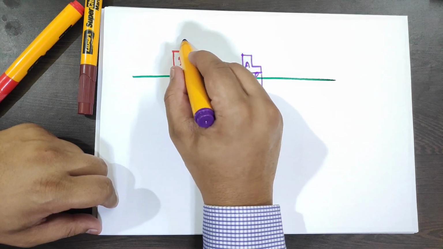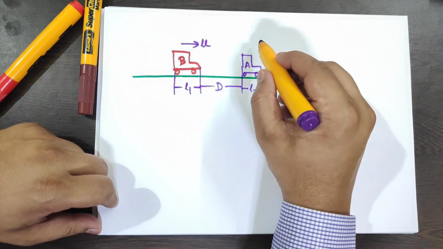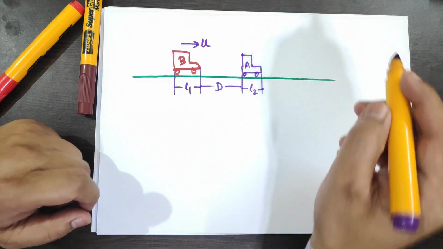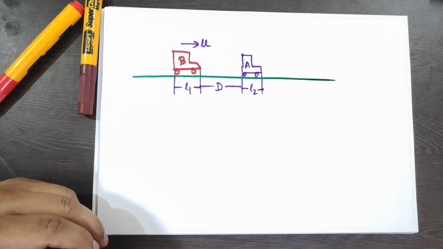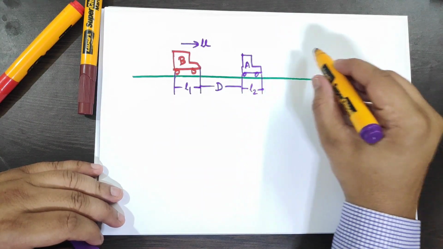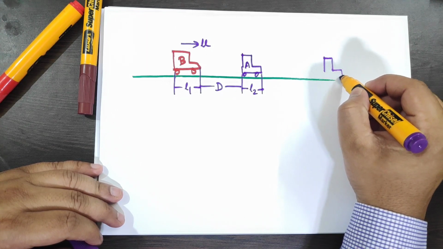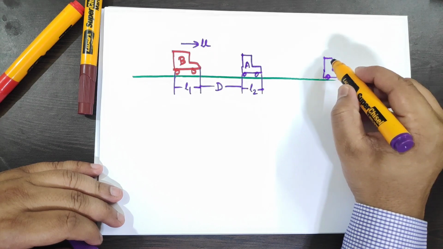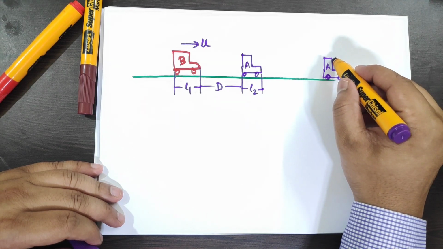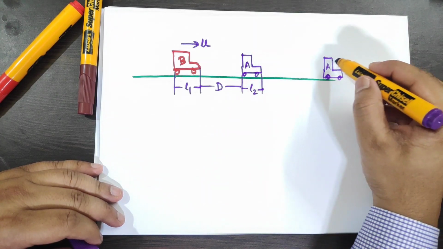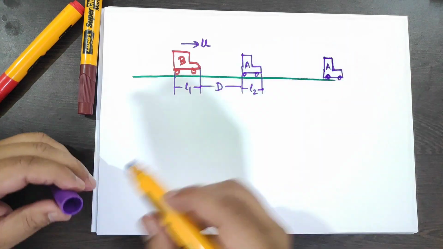So it moves with constant velocity u and it starts from rest with constant acceleration a.